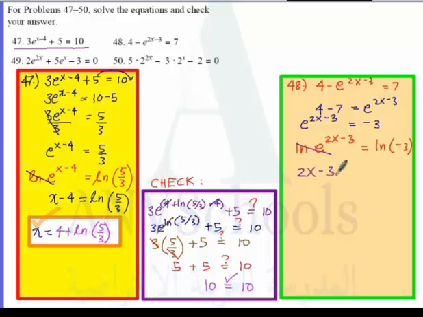But wait, do we have a value for ln of a negative? So let us try to see that. Ln of negative 3, does it yield a value? So using the calculator, this one gives an error, okay? Meaning that we can't have a value for this equation, meaning that this equation has no solution.